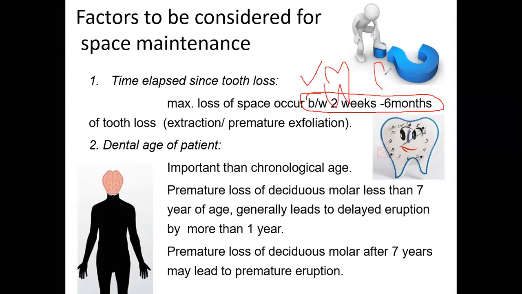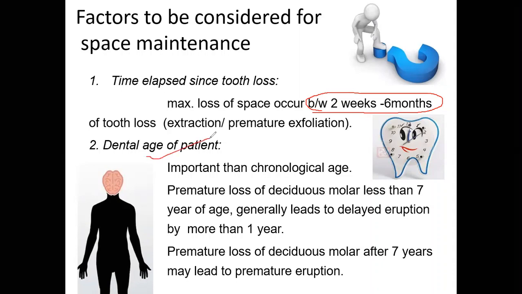That means we shall think of when to give a space maintainer. We shall not wait a longer time after the extraction or after exfoliation. We cannot leave the arch for a longer time. We shall plan quickly about the space maintainer in order to avoid drifting of the teeth into the lost space or into the empty space.